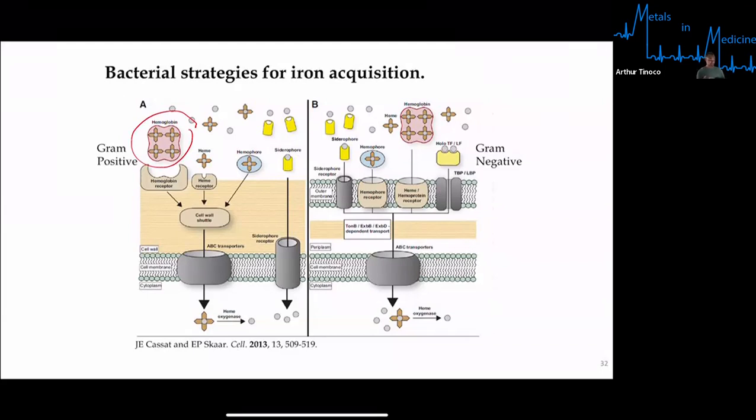You have the capacity of being able to bind the transferrin itself and take that metal and bring it inside the cell environment, or even able to bind to the heme group itself. So bacteria have evolved to be able to recognize these biomolecules that are present within our body.